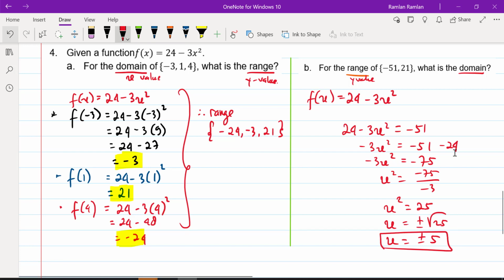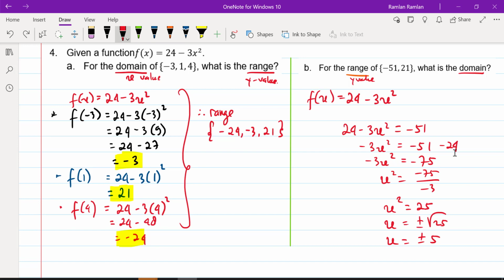Because if I input 5 here, 5 squared is 25, and if I input negative 5, that will also equal 25. That's why we have two values, 5 and -5, because it is a square. So be careful: if the power is an odd number, this does not apply.